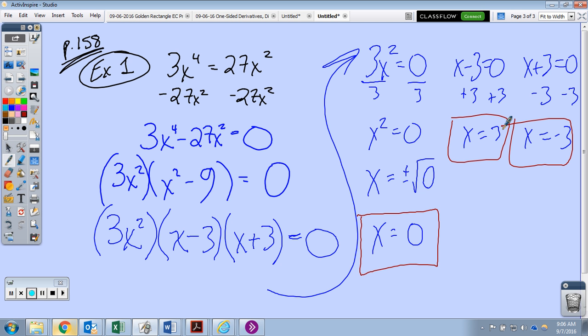They're of degree 1, these individual factors. So will they touch, intersect, meaning pass through, or not touch or intersect at 3 and negative 3? They will pass through, because in factored form, they're of degree 1. You guys okay? Okay.